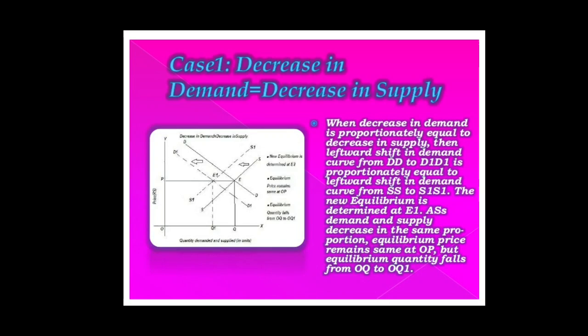So we can say that when the decrease in demand is equal to decrease in supply, equilibrium price will remain the same, but equilibrium quantity will decrease.